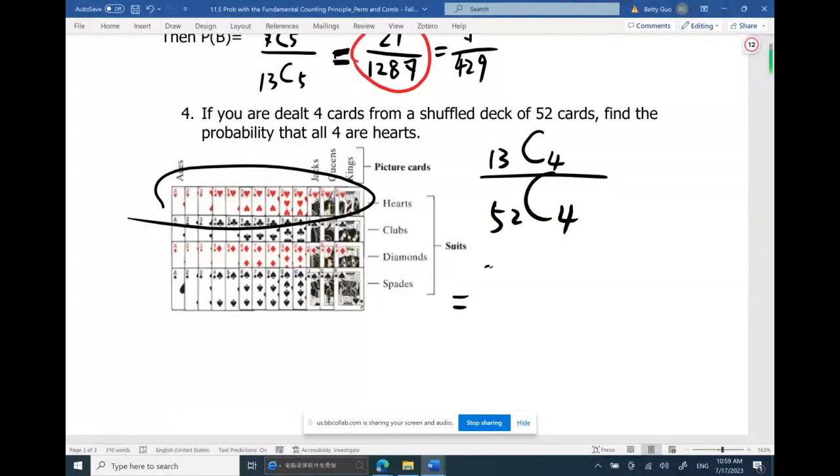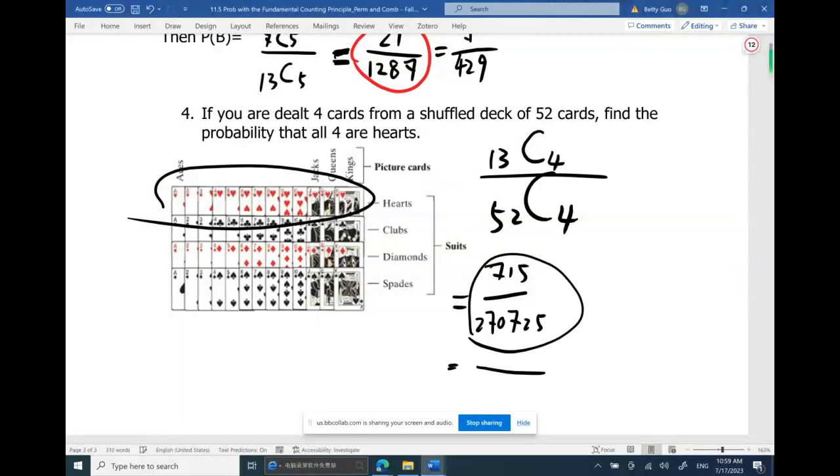Numerator is 715. And then we do the denominator. 52, math, probability, nCr, 4 is a very large number. 270725. And definitely this fraction is not simplified because the last digit of both numerator and denominator is 5.